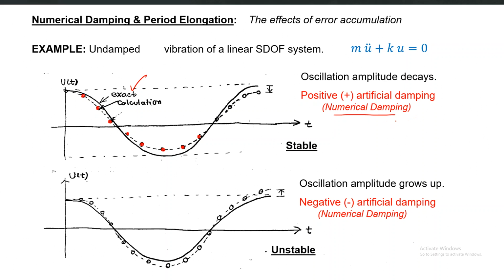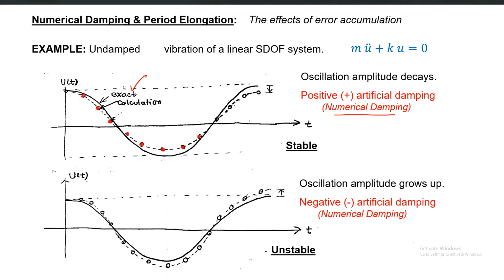The second possibility can be that the error accumulates such that the actual values which are predicted by the analysis method are higher than the exact solution, and the overestimation in that case will keep on increasing with number of cycles.